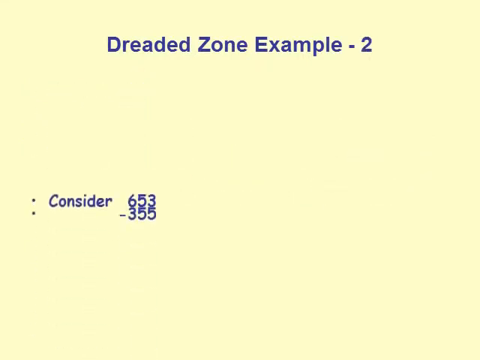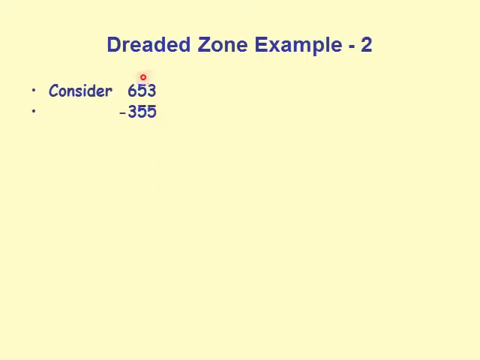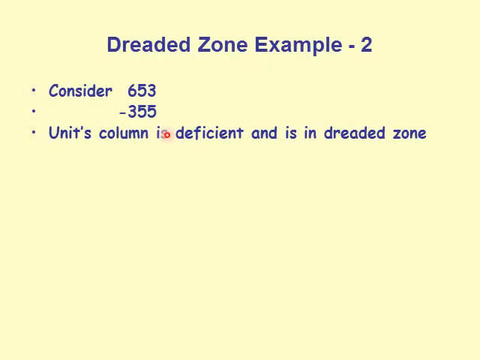Let's look at another example, a 3-digit example: 653 minus 355. The units column is deficient, 3 minus 5. Our player is 3 and the challenging player is 5, and 5 outnumbers 3. So it's a deficient column and is in a dreaded zone.